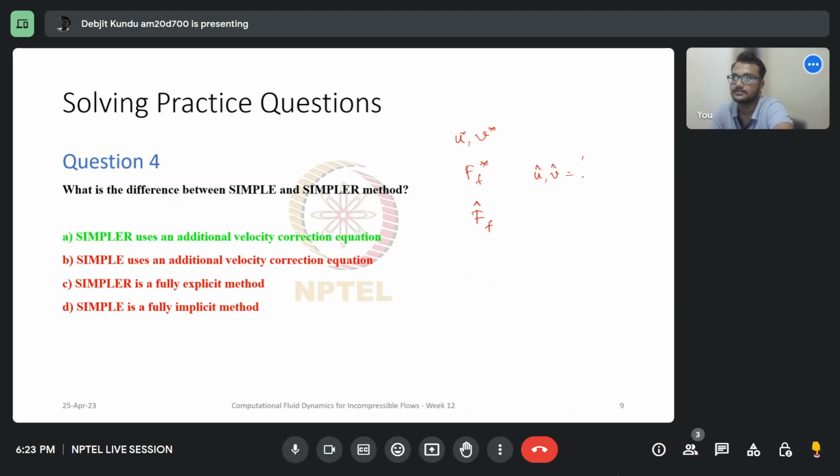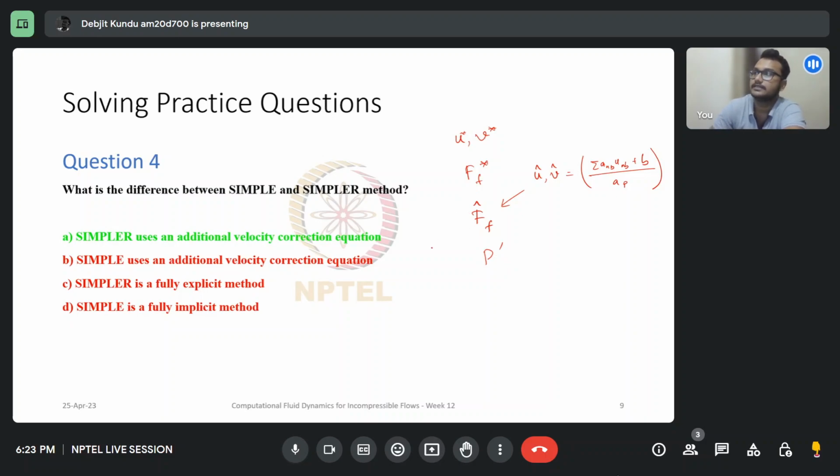These are something like the summation over A_nb U_nb plus V, similar to this, U and V both. Now, using these, the FF hat is used, and this equation is also solved. And then there is another pressure correction equation being solved.